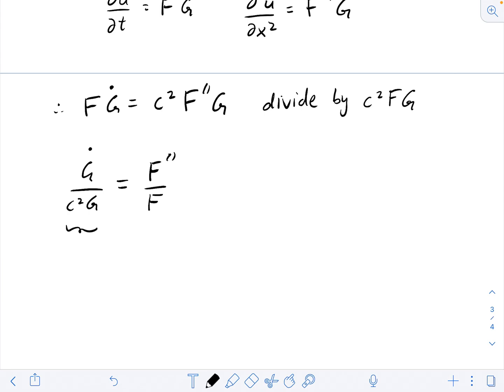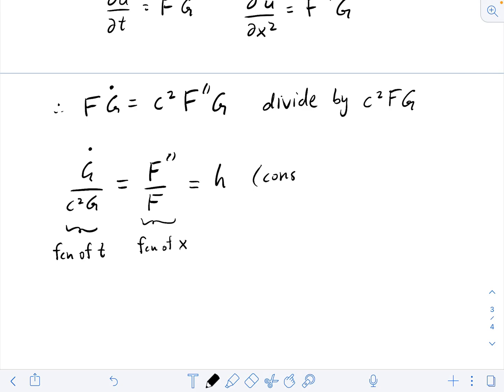And so now what we have is, on one side, a function of t. On another side, we have a function of x. And the only way that these two functions can always be equal to each other at all times and all positions is if these ratios are equal to some constant.